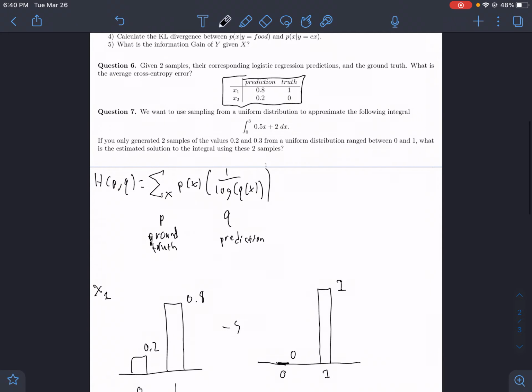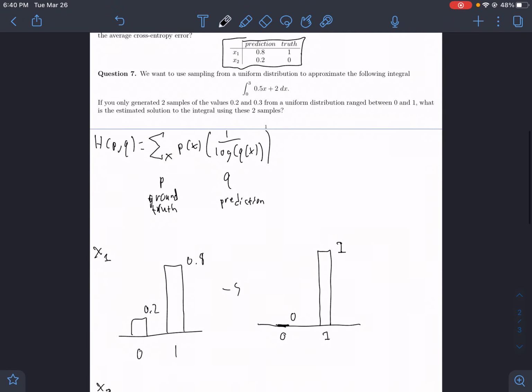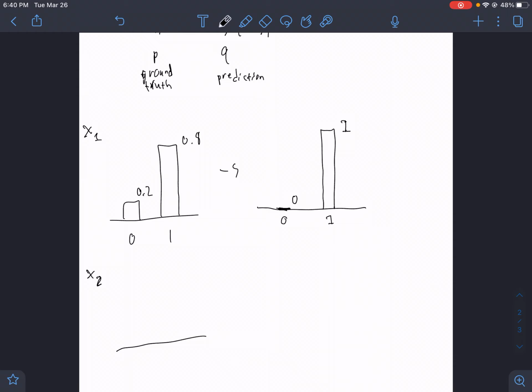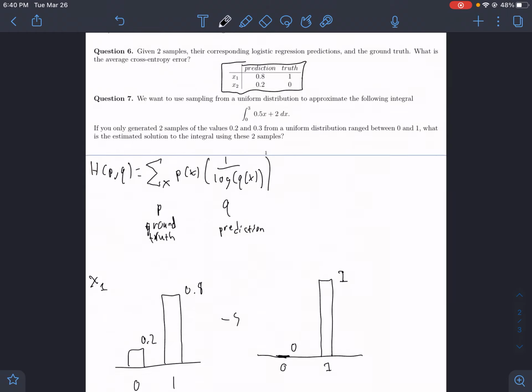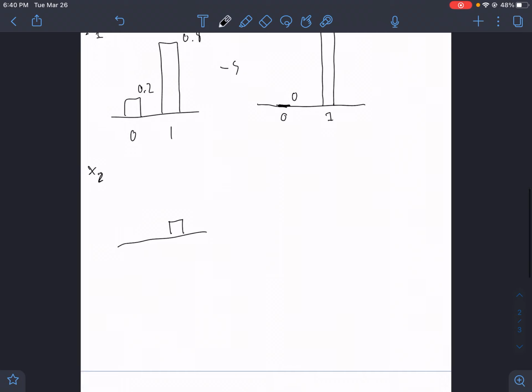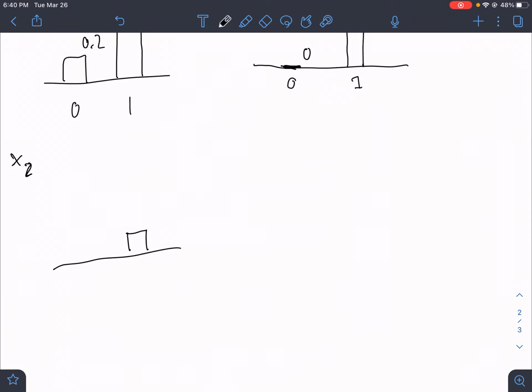Now, let's also do this for x2. If we see x2, the prediction is 0.2 towards the ground truth of 0. Specifically, 0.2 is the prediction that it is 1. Remember in these scenarios that the prediction value is always the probability that the truth is a 1.